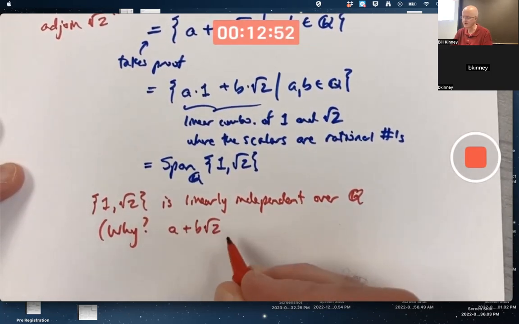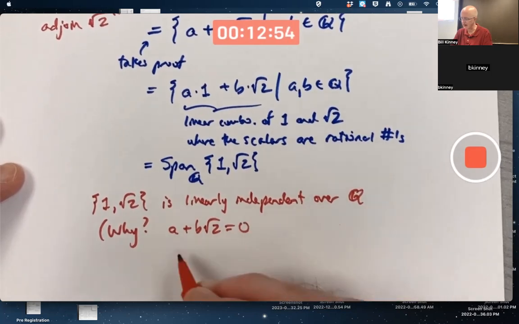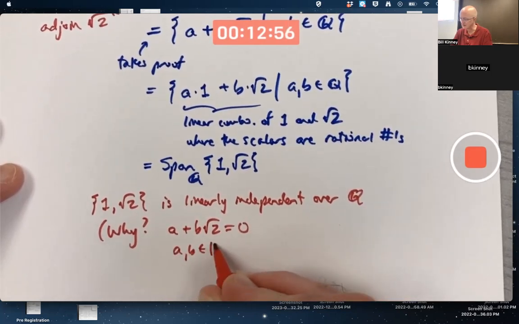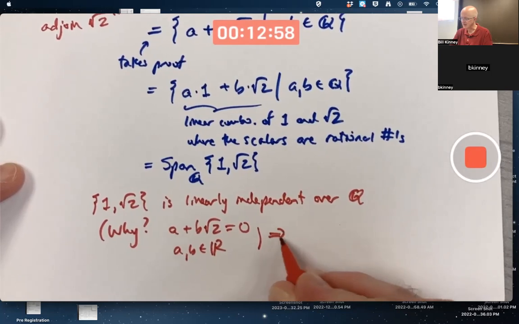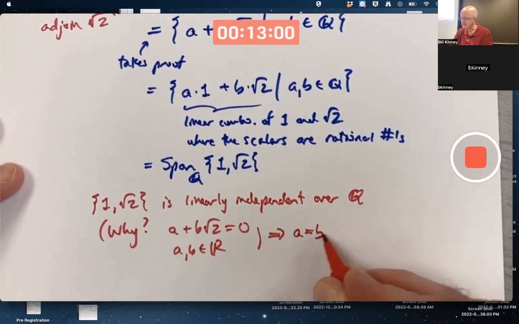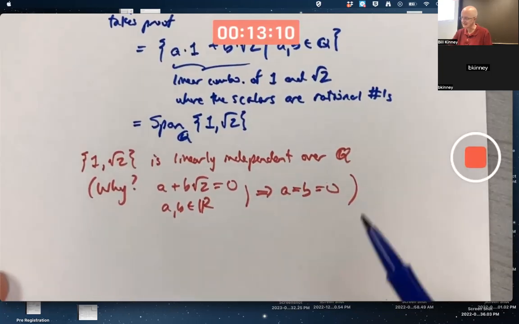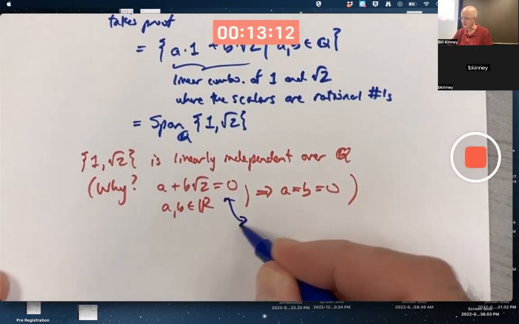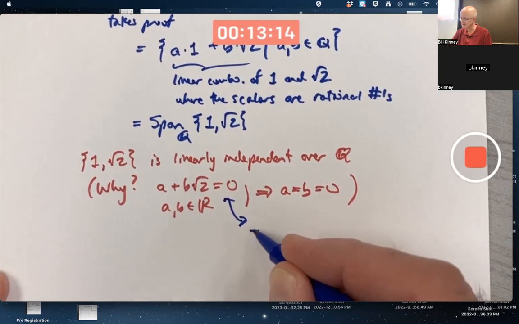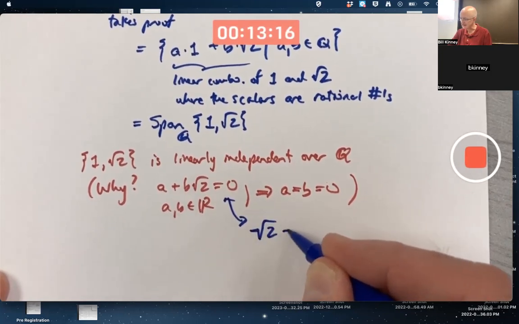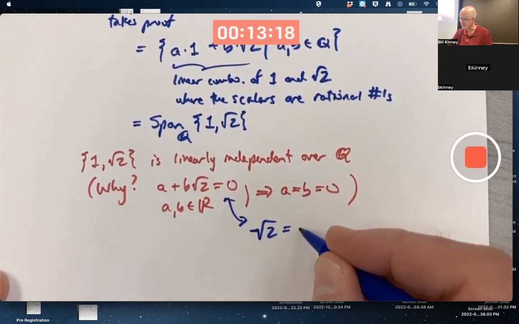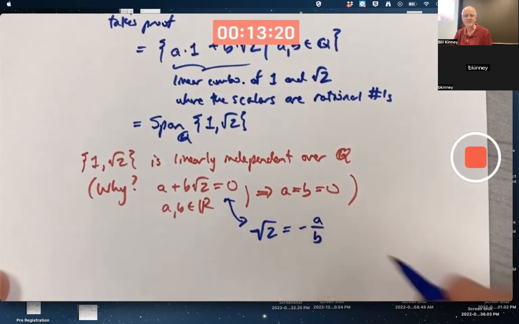a plus b square root of 2 equaling the number 0, where a and b are rational, implies a and b must be 0. Is that obvious? Well, it's based on the fact that square root of 2 is not rational, because this equation here is equivalent to saying square root of 2 is, I guess it would be negative a over b.